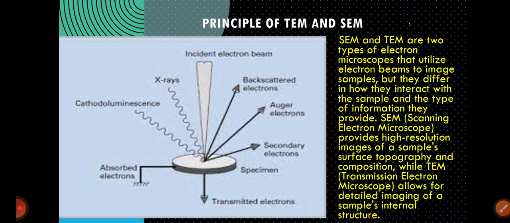That beam we call X-rays. This is one case. Next, if I consider the second case, that is backscattered electrons.